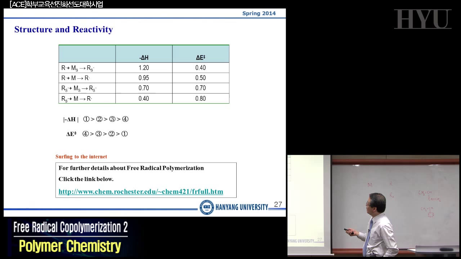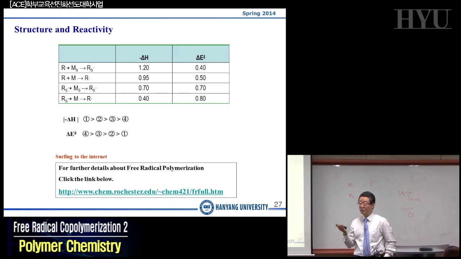Now, if you take a look at the first and second rows, R is the same, and the difference is MS and M. So when you have MS, in other words, a stabilized monomer like butadiene and styrene, you have larger reactivity.